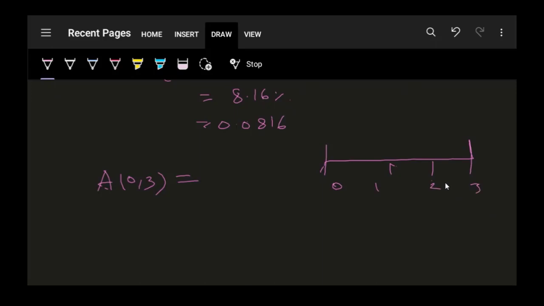1, 2, 3 are my time periods, at 8.16% per annum. So my accumulation factor will be 1.0816 to the power 3.